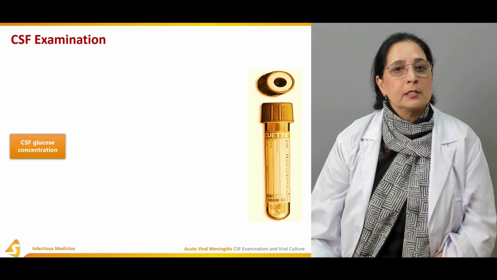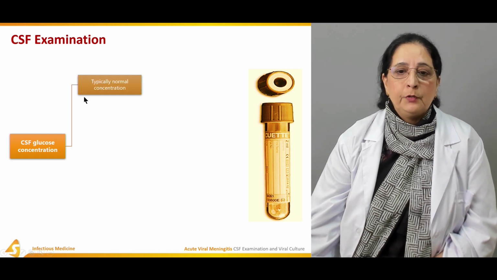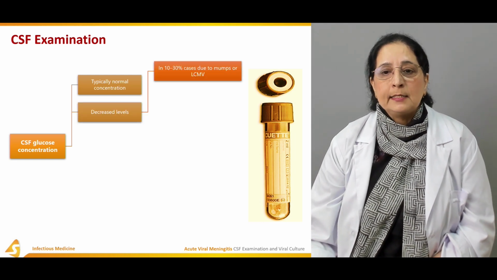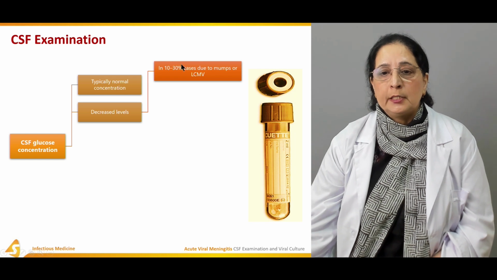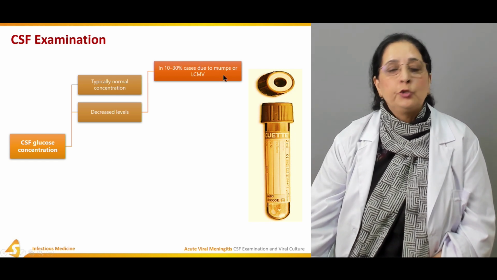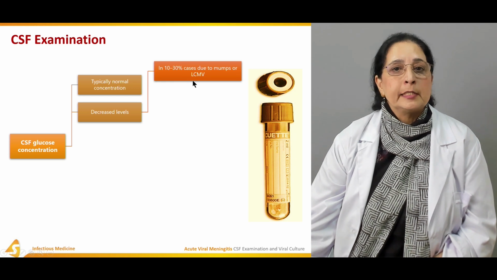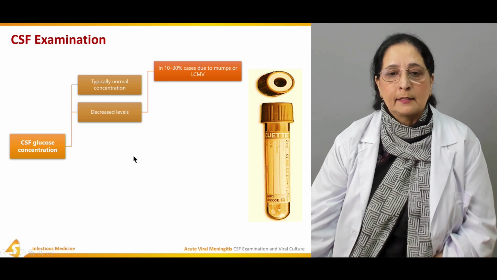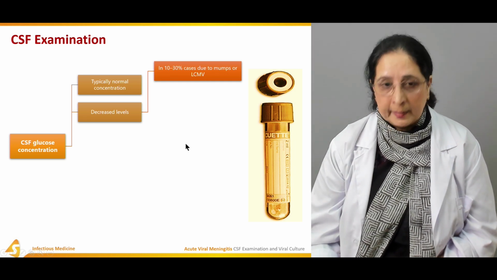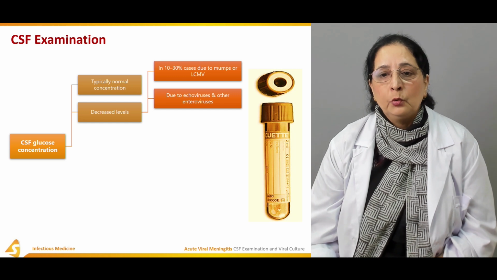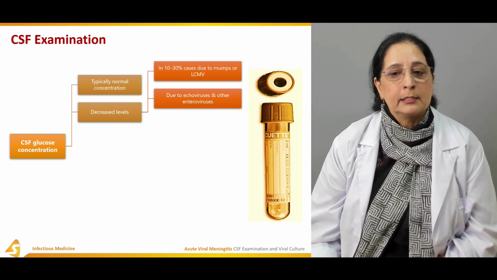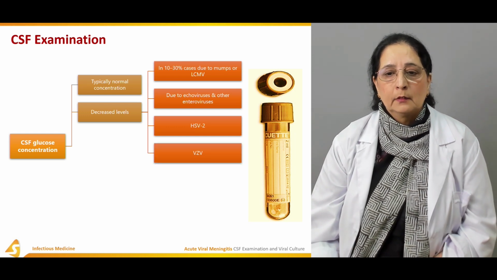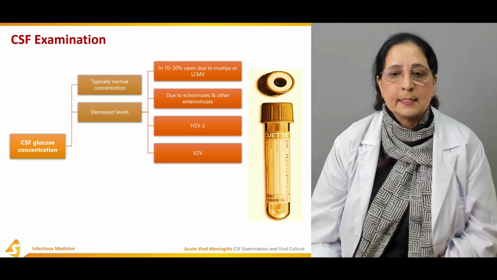CSF glucose concentrations are typically normal. Decreased levels are present in 10 to 30% of cases due to mumps or lymphocytic choriomeningitis virus, echovirus and other enteroviruses, herpes simplex type 2, and varicella-zoster virus.